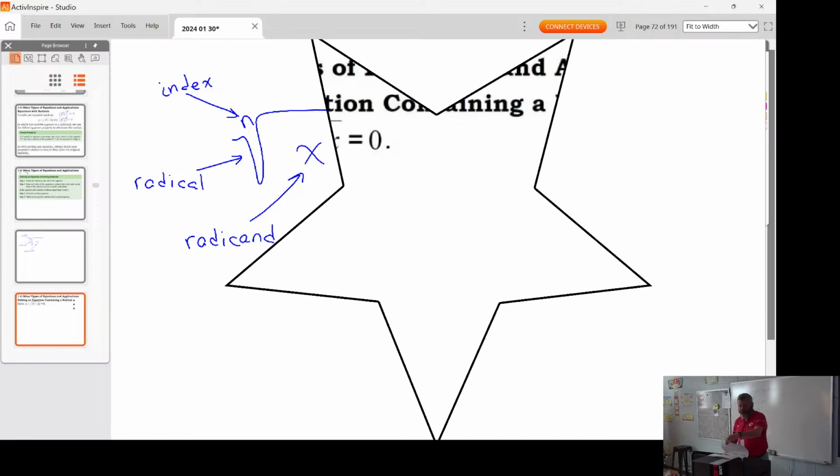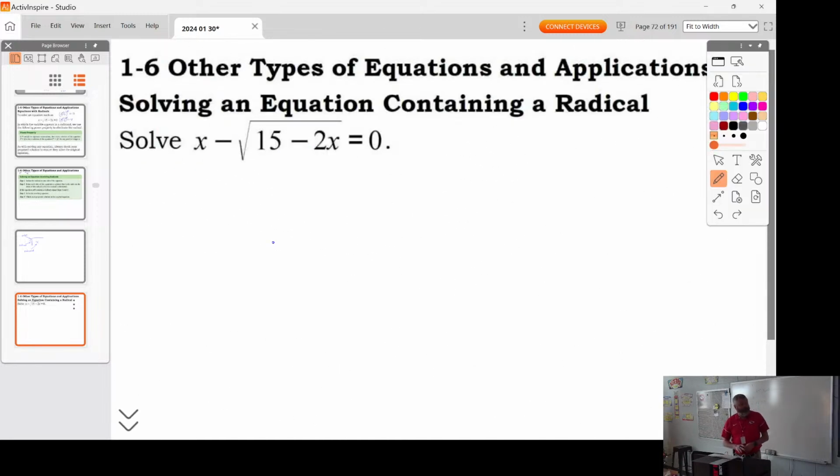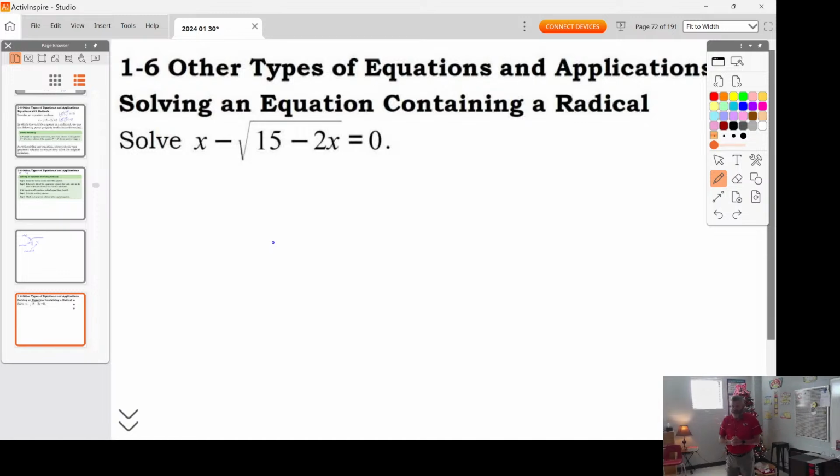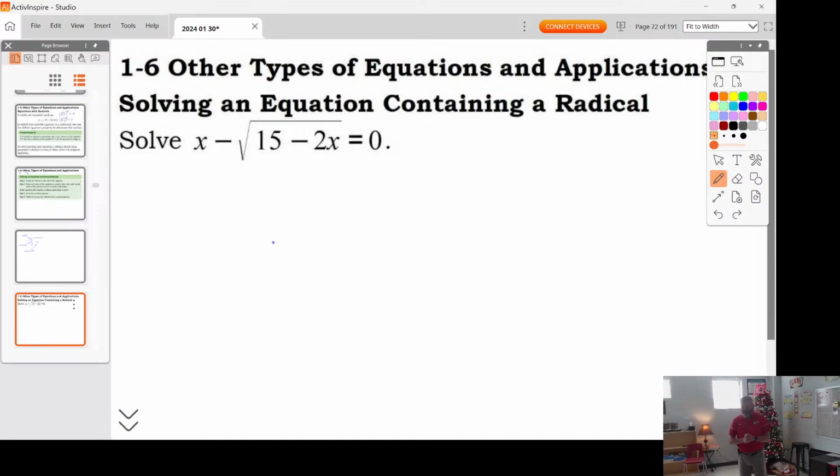We're going to solve the equation x minus the square root of 15 minus 2x equals 0. Step number 1, isolate the radical.